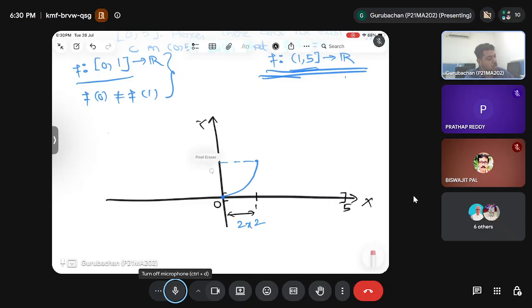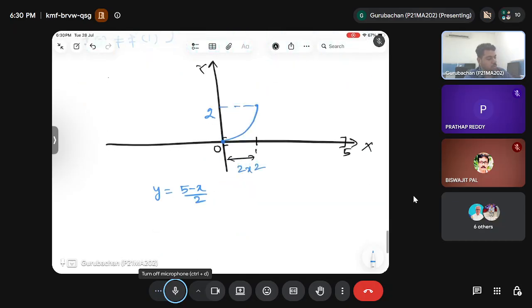And what will happen in the case of 5 minus x by 2? So y equals 5 minus x by 2. How will this line look? It will start from 2 and at 5 it goes to 0, so it will be like this. I hope you are considering it as a straight line.